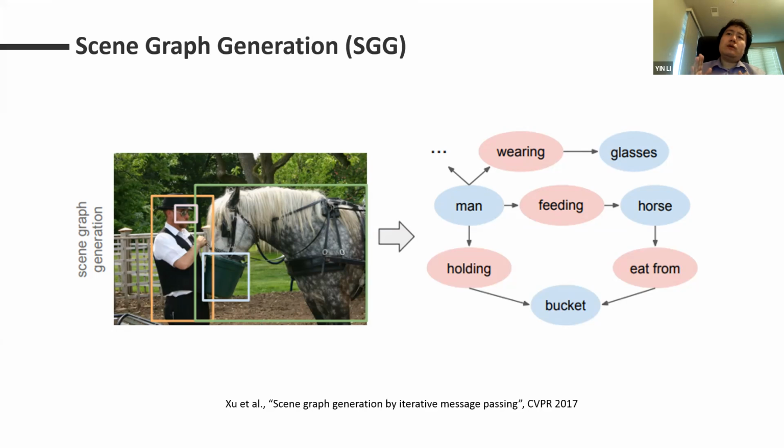Now, between a pair of objects there are edges that define the relationship between the objects. The scene graph is a directed graph. That means you cannot easily invert the edges.